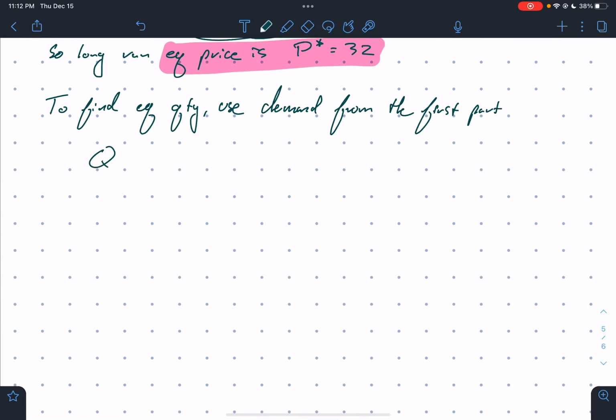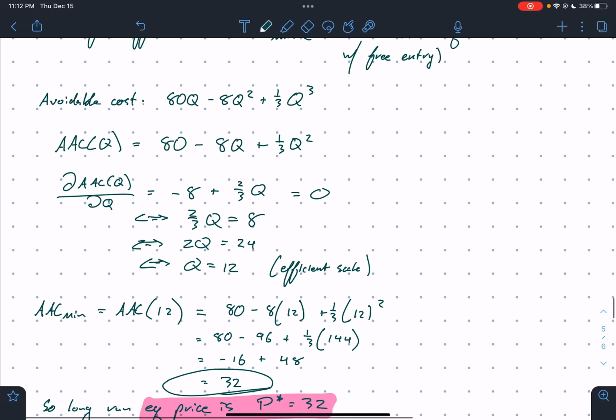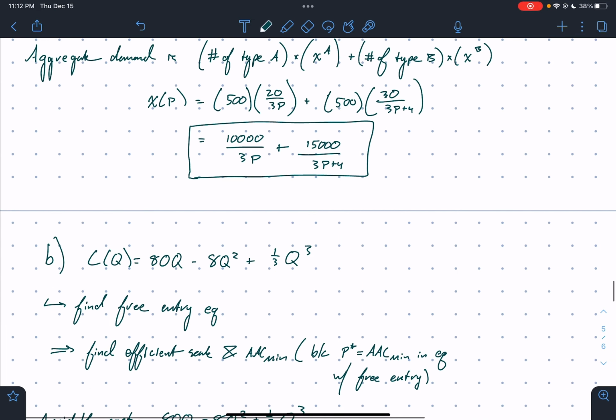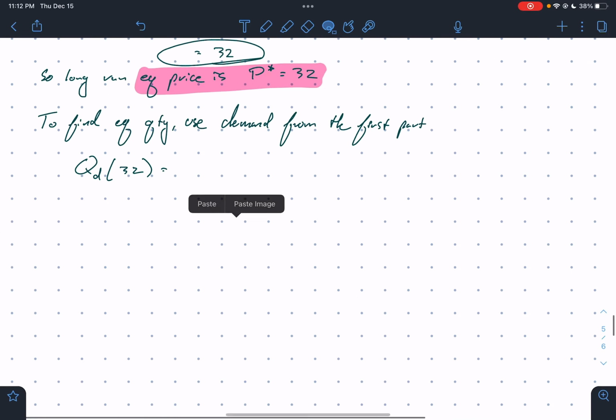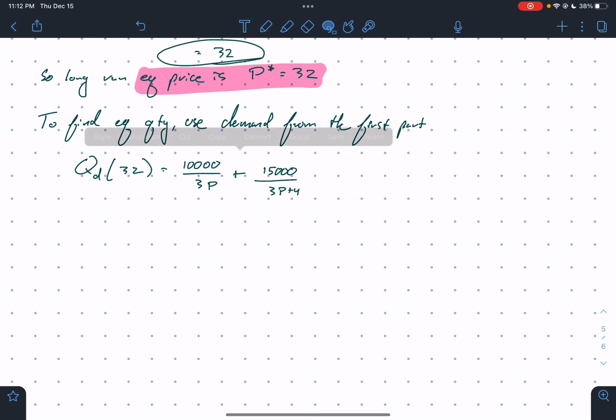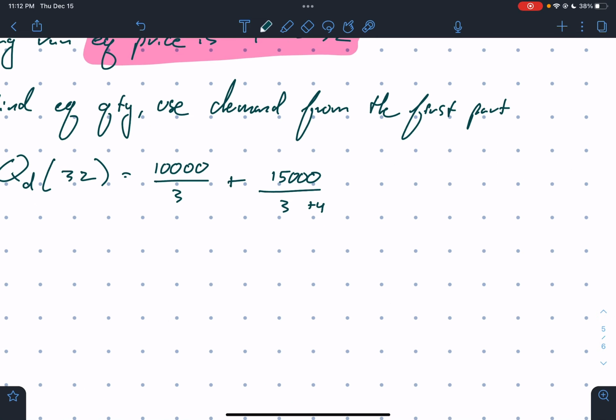So the demand at price 32, we found it was, I'm just going to copy this because I'm lazy. Work smarter, not harder, as the saying goes. So here, I'm just going to replace all the 3 P's. I'm going to replace them with 32s. Or I'm going to replace the P's with 32s.